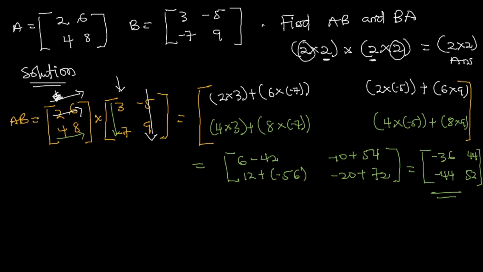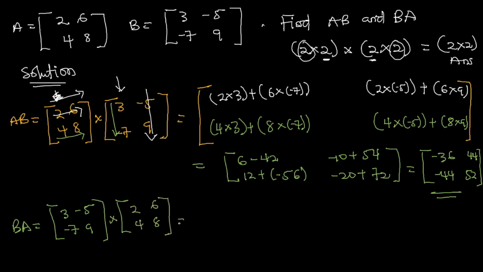So this is our answer for multiplying matrices A and B. Now let's find matrix BA. So for BA we have [3, -5; -7, 9] multiplied by matrix A, which is [2, 6; 4, 8]. Let's multiply that. We use this row to multiply this column first.